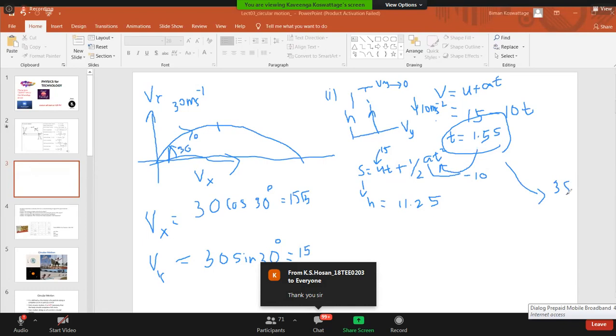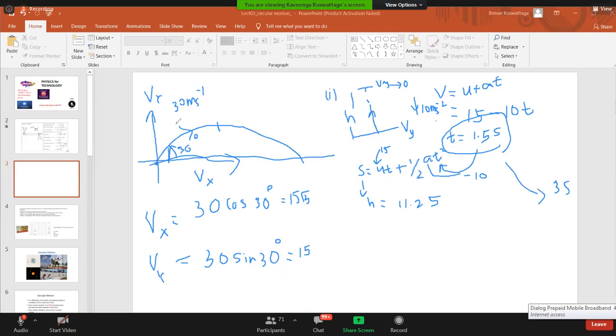If you write equations for this motion, when the object reaches the maximum height and then reaches the ground, you have s equals 0. And at the same time you have the velocity, which is 15t, and then minus half 10 t squared.